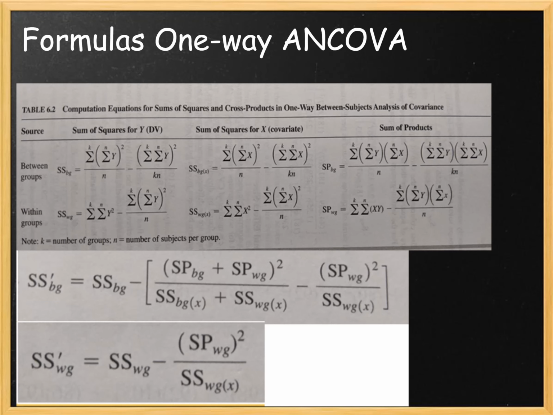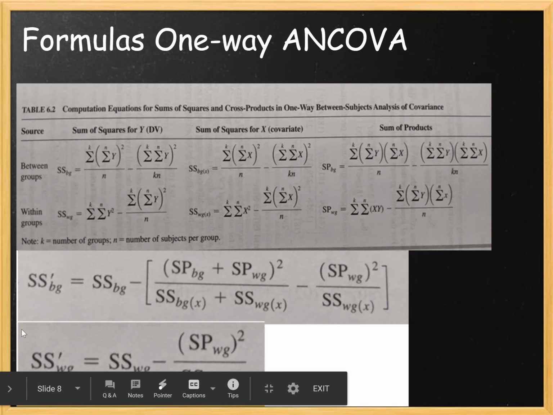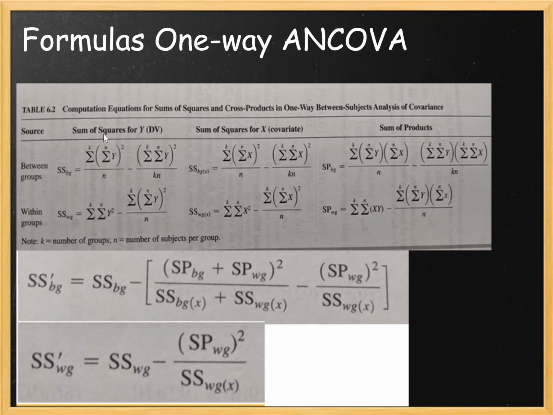Right. Now, here are some rather large formulas that I've clipped out of Tabachnick and Fidell's multivariate statistics textbook. And you can watch another video of mine if you're interested in trudging your way through these formulas. But in a nutshell, in an ANOVA, we partition the variance into between groups and within groups.